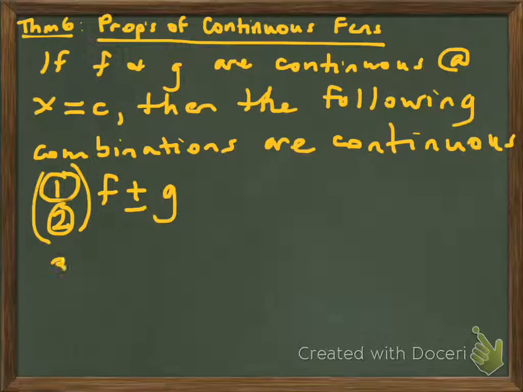The next one, you could guess, even if your book's not open, is fg, f times g, right? This theorem, as all theorems do, is powerful in the sense that it keeps you from having to rethink that every time. If you understand the theorem, then you can state, by the properties of continuous functions, this is a continuous function, okay?